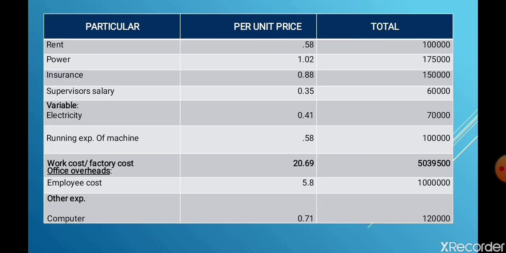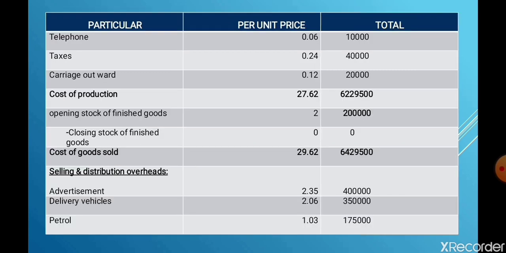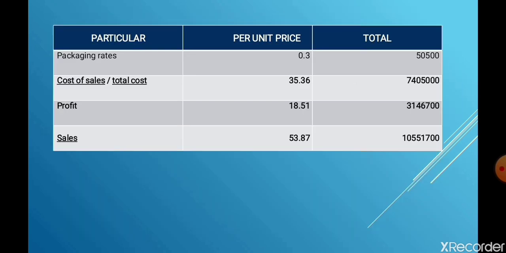In the next slide I include rent, power, insurance, supervisory cost, variable cost, electricity cost, running expense of machine cost, and other expenses like computer, telephone, taxes, carriage outward; all costs are included in that cost sheet. So from that we total it and get the profit, sales and cost of sales.